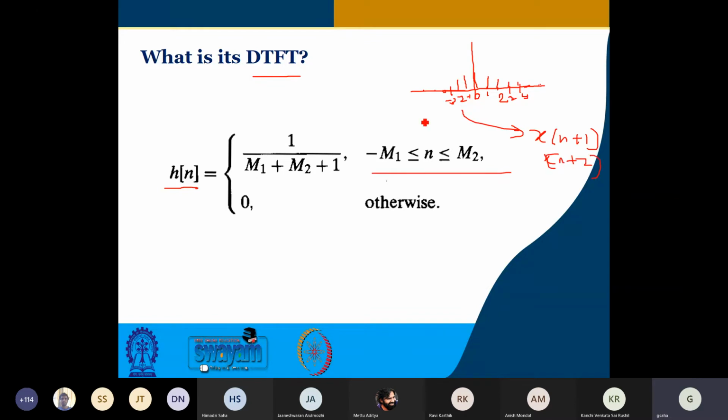To make it causal, we can shift it to the right by 3 units, and the entire system will become causal. Those things we shall see later.